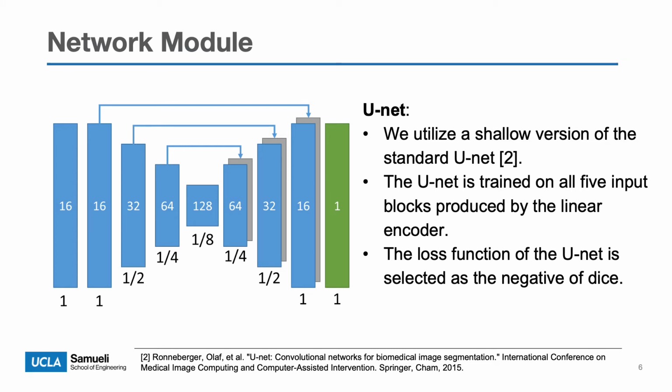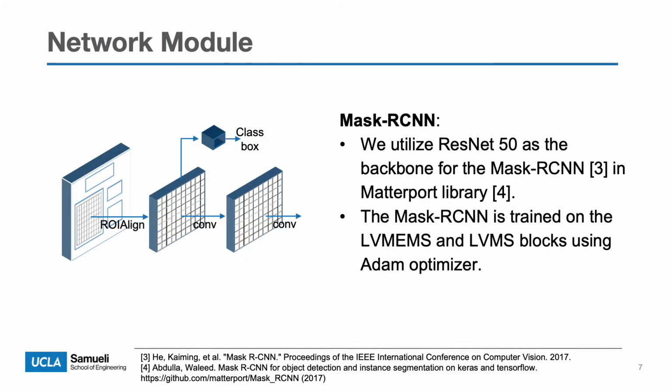The U-Net module utilizes a shallow version of the standard U-Net to prevent overfitting. The U-Net is trained on all the 5 input blocks produced by the linear encoder. The loss function of the U-Net is selected as the negative dice coefficient with Adam optimizer. The Mask R-CNN module utilizes ResNet50 as the backbone for the segmentation task and is implemented using the Matplotlib library.